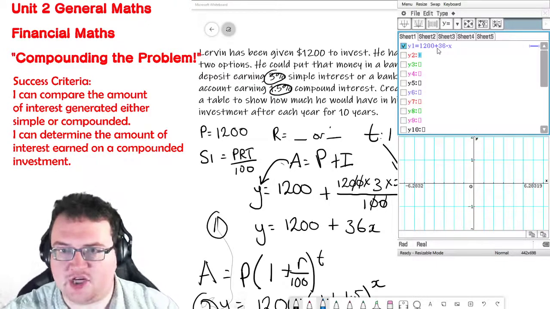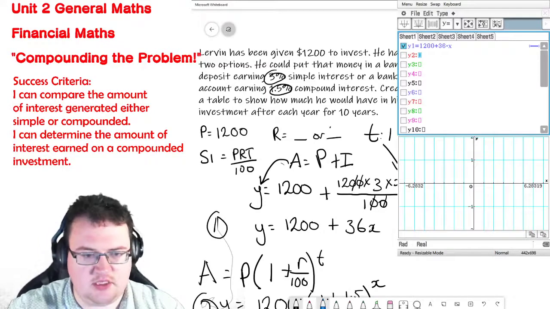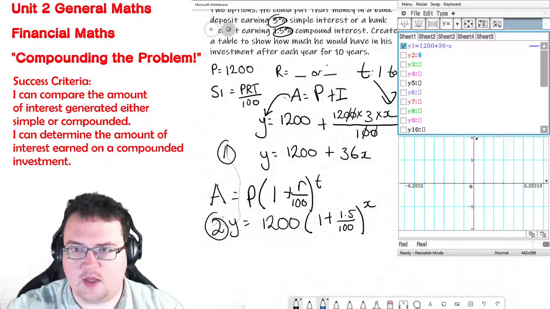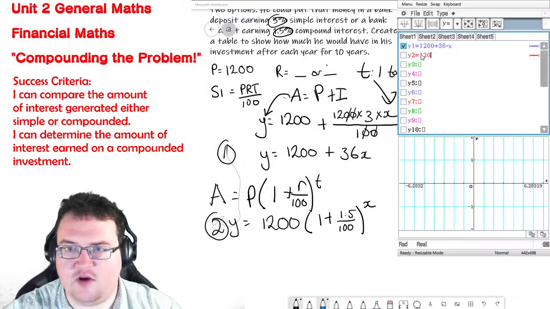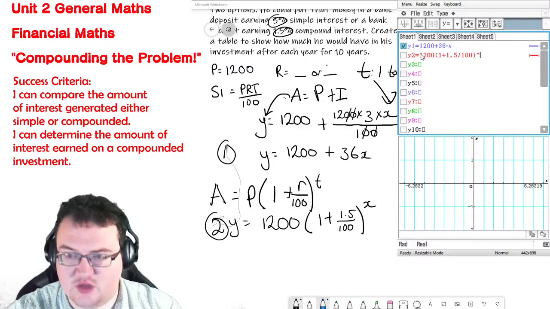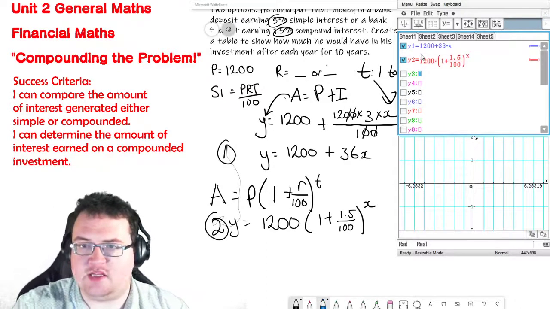The second equation is going to be the one that we worked out down below. That one there. So it's going to be equal to 1200 brackets 1 plus 1.5 over 100 to the power, using that little up arrow, to the power of x. So they both look about the same.